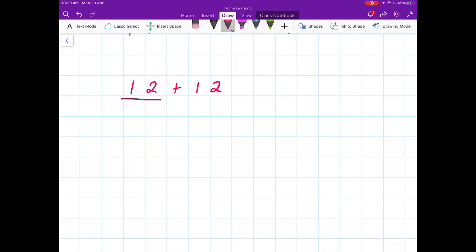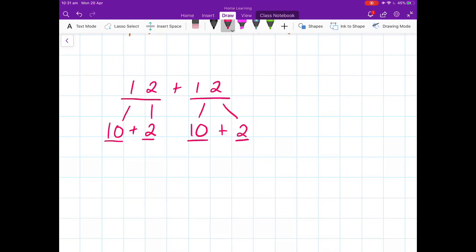I want you to think, how do we make 12? I make 12 with 1 ten and 2 ones. Okay, and it's the same on the other side because we're doubling, so we're using the same numbers: 1 ten and 2 ones. Now I've got to think about, I have to add these 2 tens together and these 2 ones together.